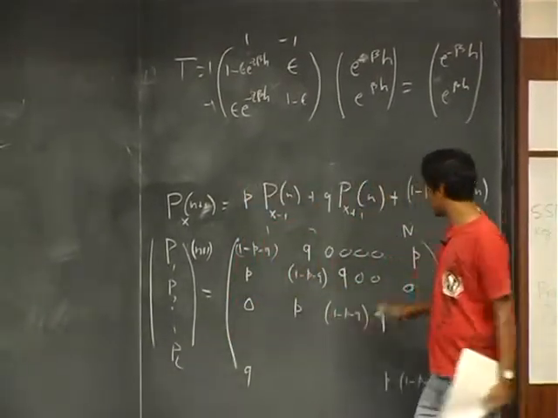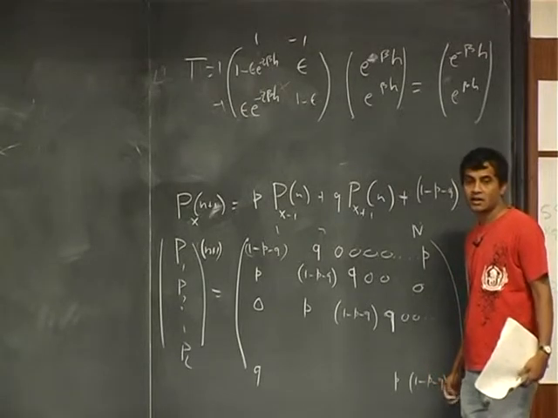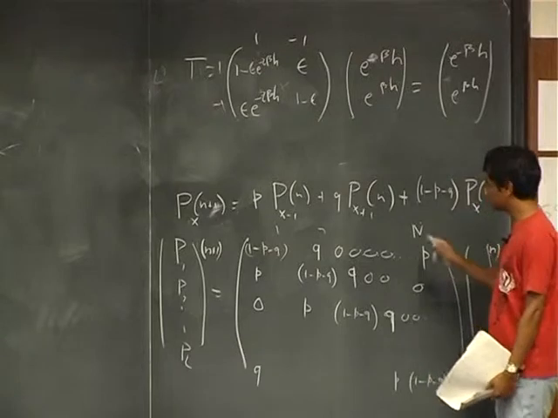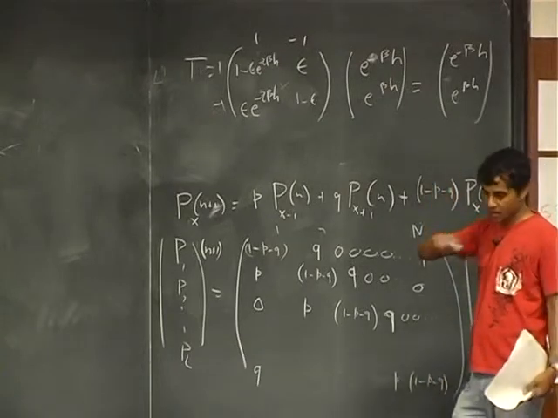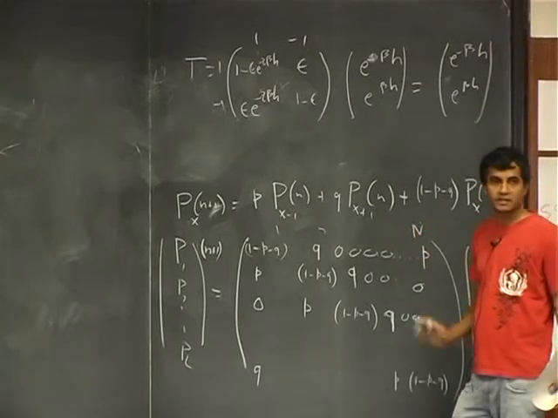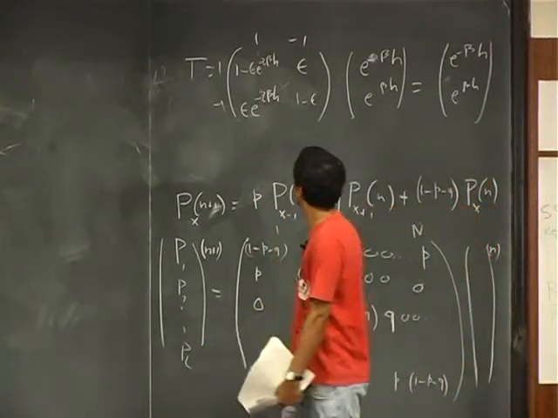In this case, what is the steady state? Here also you can easily check that the steady state is a vector with all entries 1 by L, right? Because if you are moving on the ring, after some time you will visit all sites with equal probability. So it's a uniform distribution.